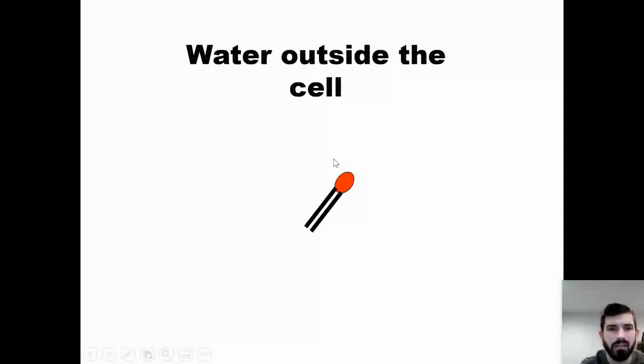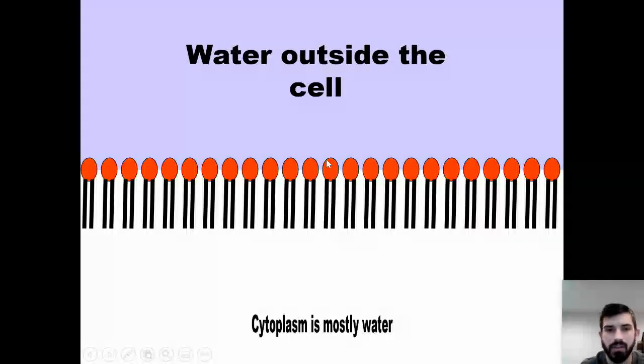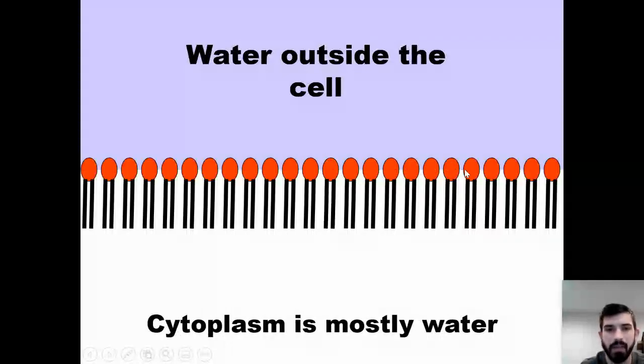Right? So with water being on the outside of the cell, these polar phosphate head groups are going to be attracted to that water, and so they're going to end up lining up and touching the water. The cytoplasm is also mostly water, though.